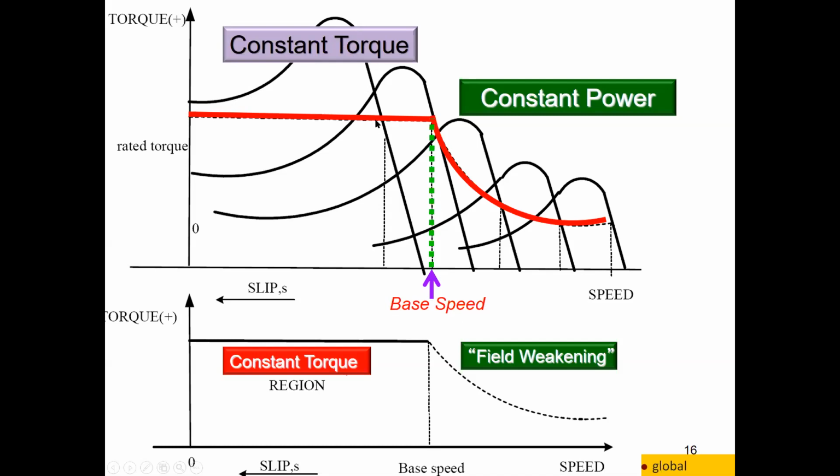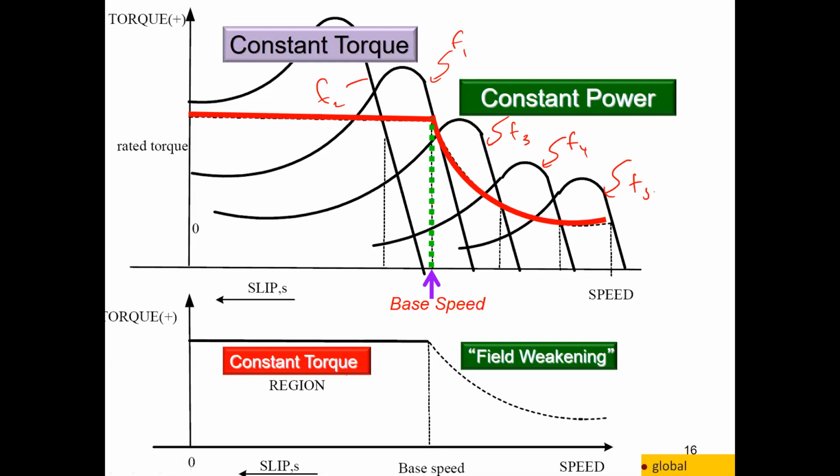So it depends on the frequency. This one may be frequency 1, this one frequency 2, this one frequency 3, this one frequency 4, and this one frequency 5. If you vary the frequency and also the voltage, you will have different torque characteristics.